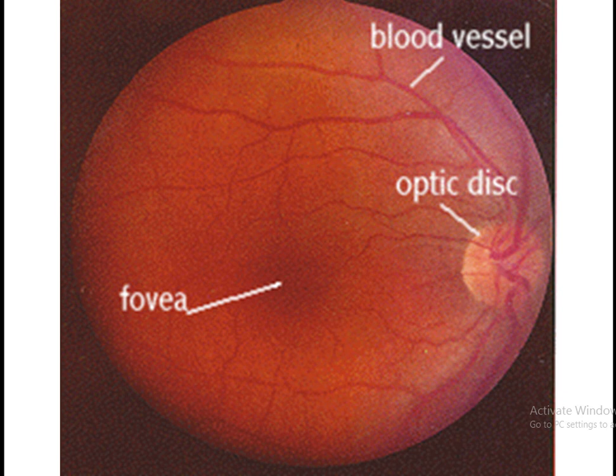You cannot shine the light over the fovea, which is actually avascular. You must avoid this area, as it is the area of maximum visual acuity, having the maximum number of photoreceptors, and very sensitive to light rays.